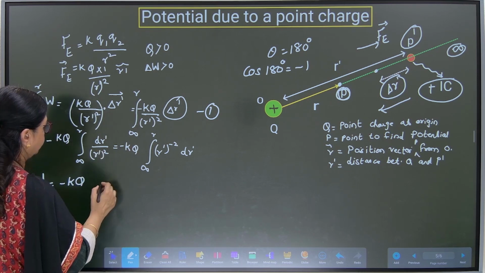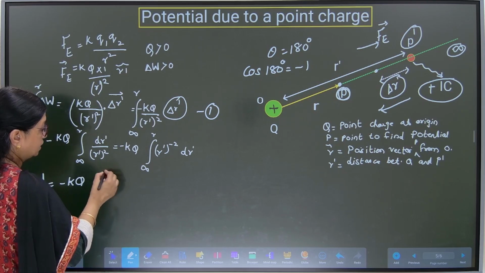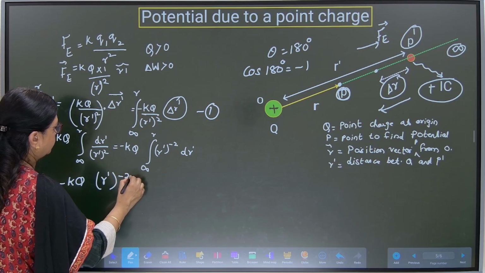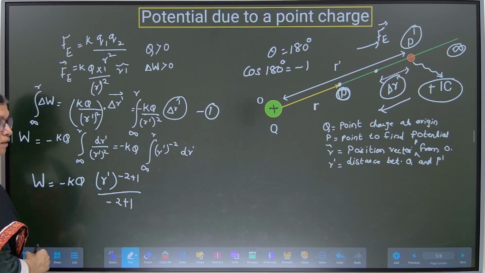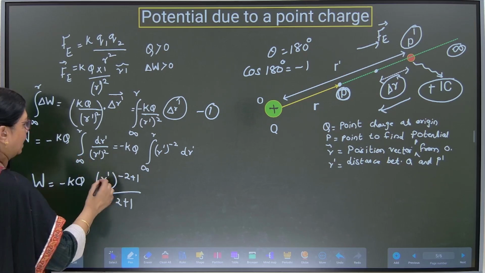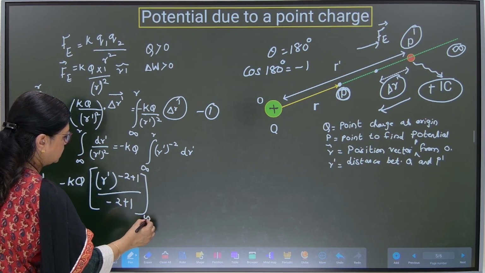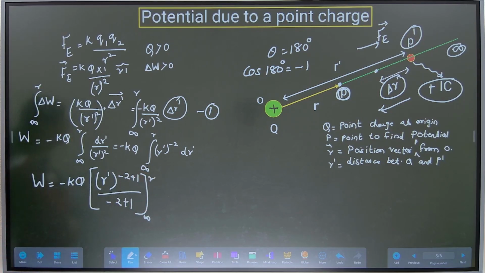What is the trick? The trick is write the variable. Because it is R dash, I'll put a bracket here. Write the power plus 1 divided by power plus 1. Integration is over. Then apply the limit. What is the limit? Infinity to R. Simple.